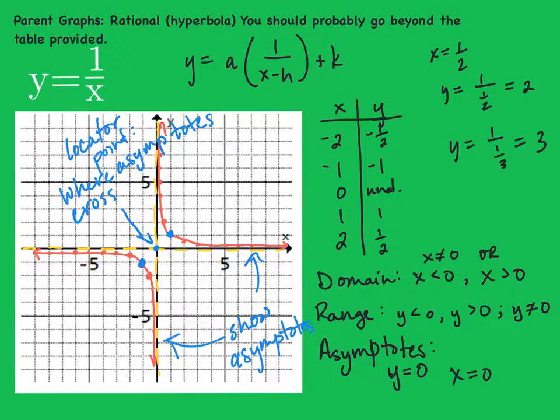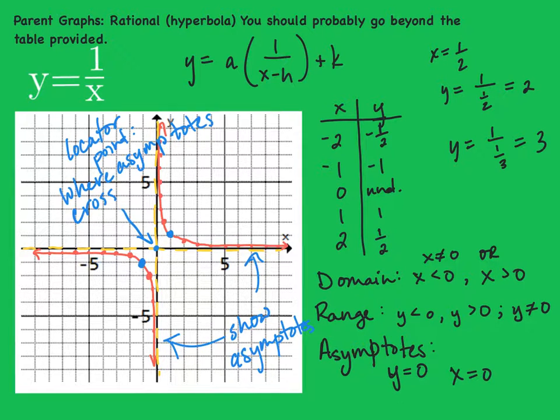So whenever you build a hyperbola, that's what this graph is called, you're going to build it around your asymptotes. That's the first thing you're always going to graph, and that's going to make it easier to do.